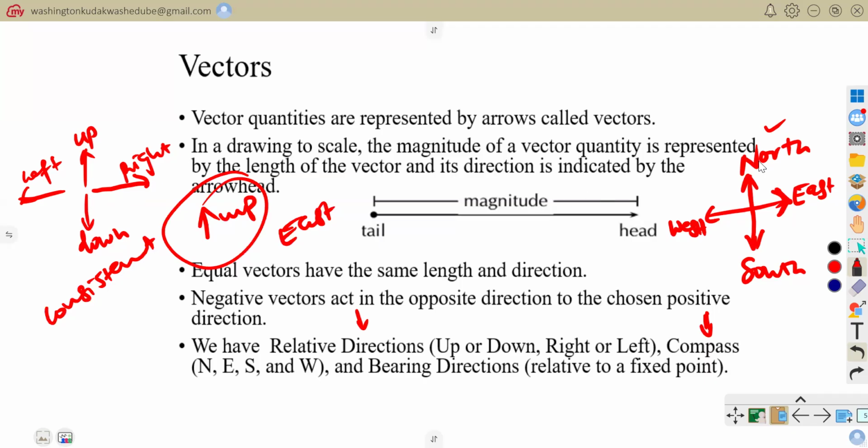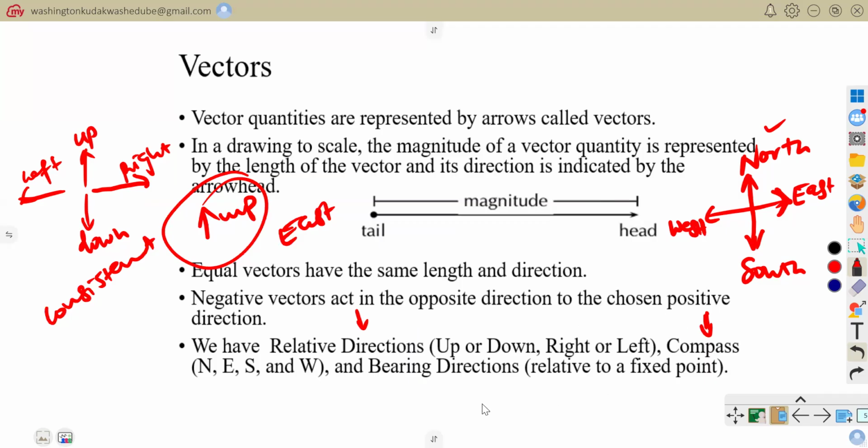But if you choose the compass, keep consistency in the compass. Every notation of yours has to be referred to the compass. Up will be north, down will be south, right will be east, left will be west. Don't interchange those. Be consistent with the type of reference in terms of direction that you have chosen.